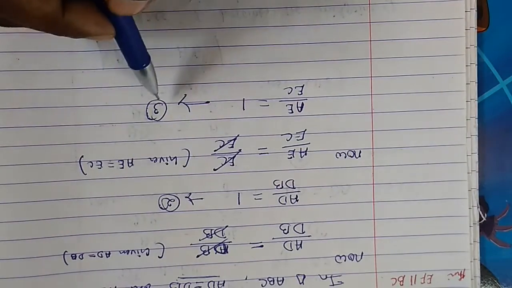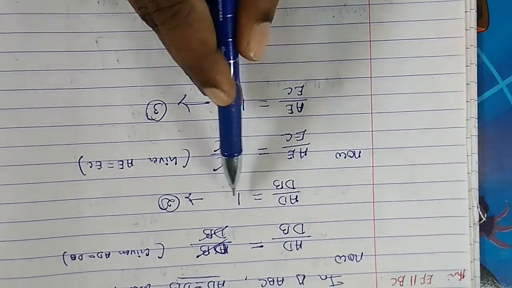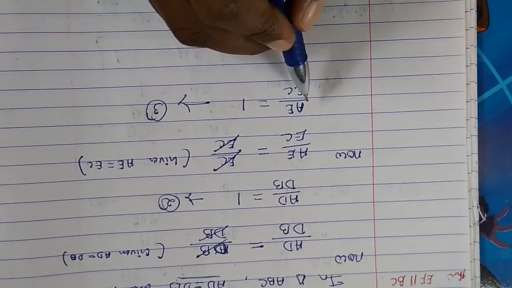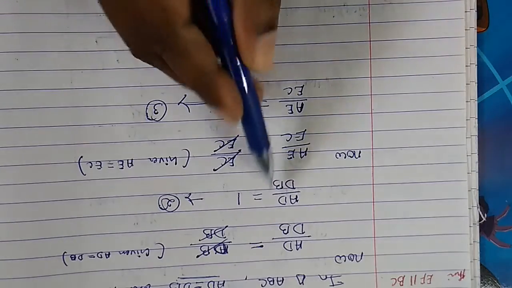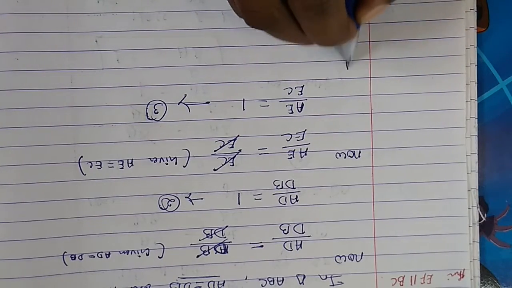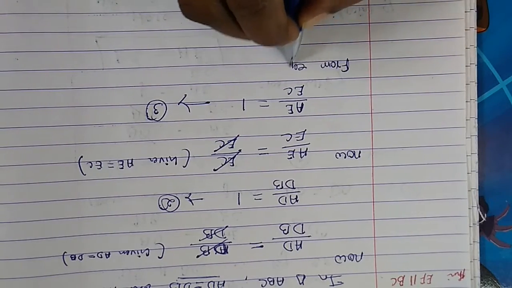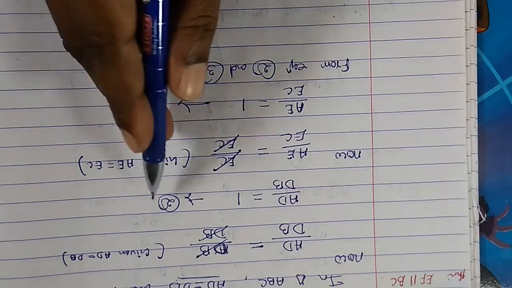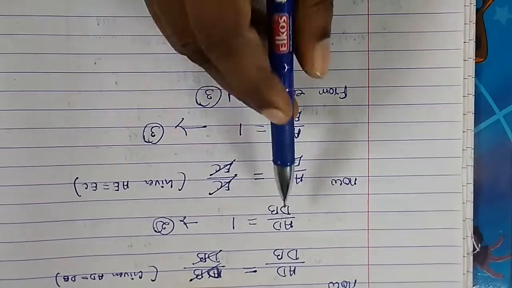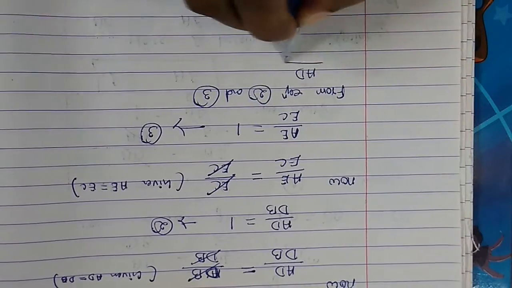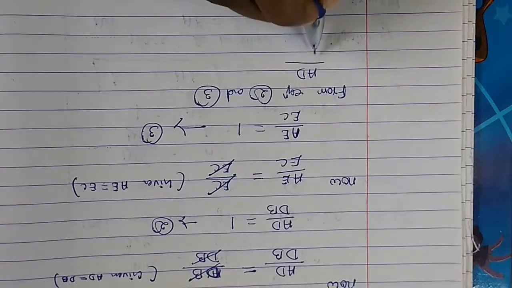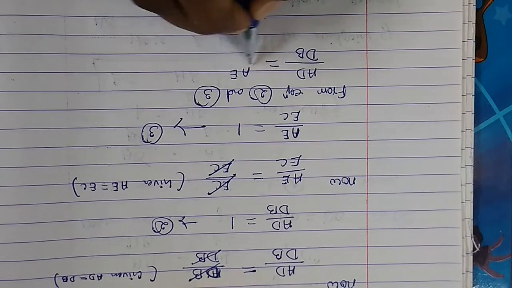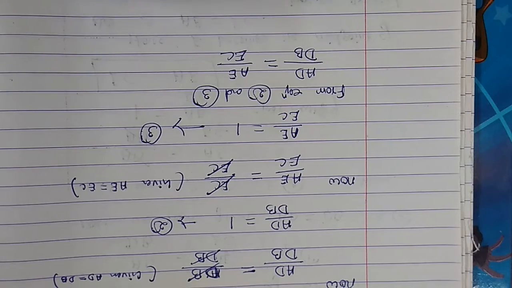Now from equations 2 and 3, you see the right side is the same. 1 is equal to this and 1 is equal to this also, so these two are equal to each other. So from equations 2 and 3, we can say that AD upon DB is equal to AE upon EC.